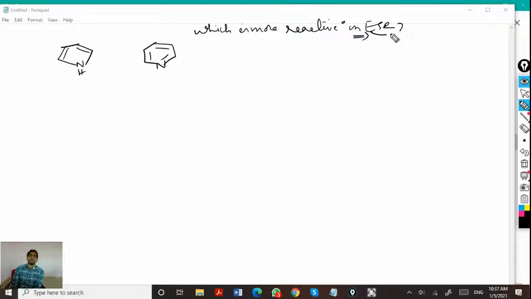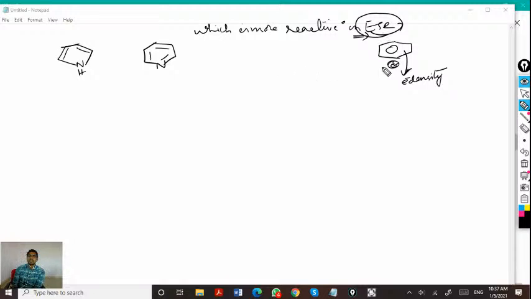The thing is, it is an electrophilic substitution reaction where benzene is going to act as an electron-rich system. Benzene has electron density, so it is going to attract the electrophiles. So that reaction will be more, isn't it?